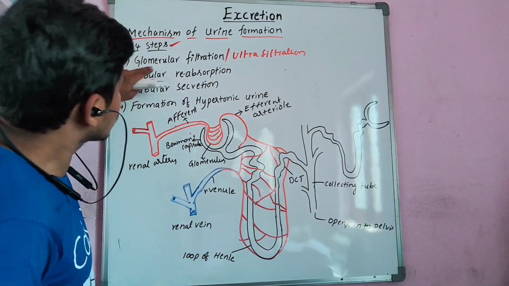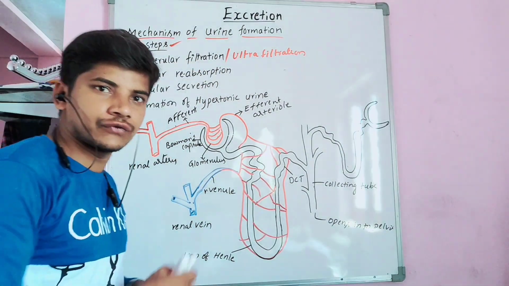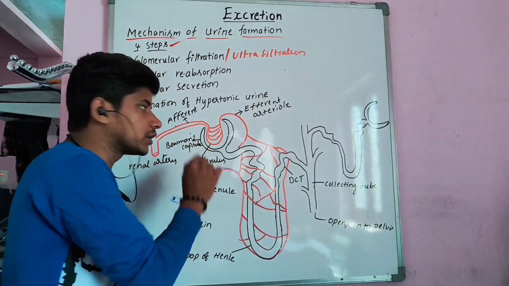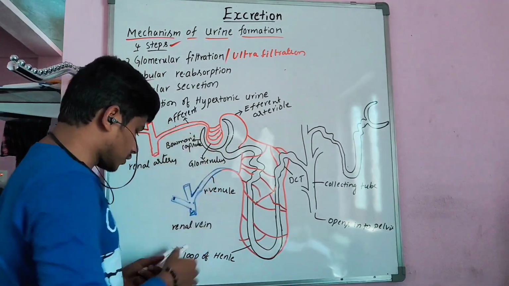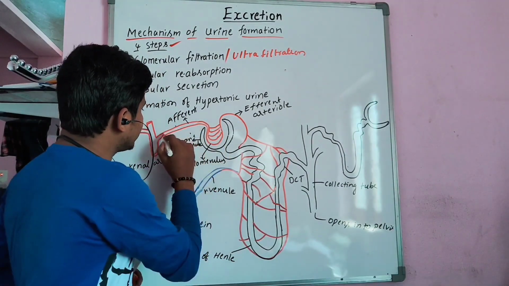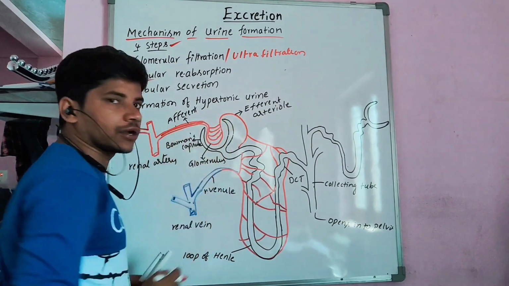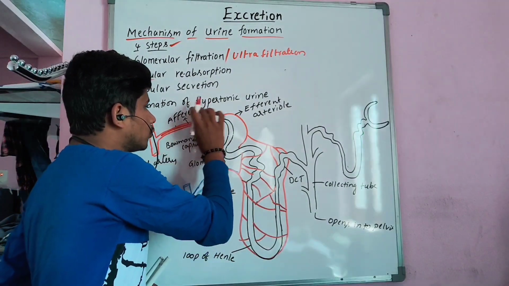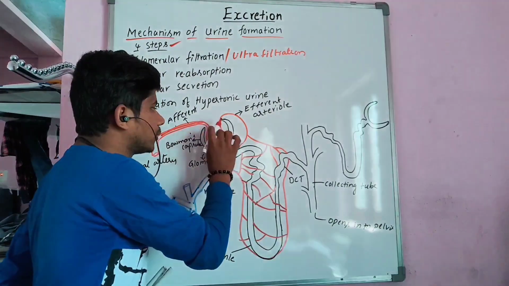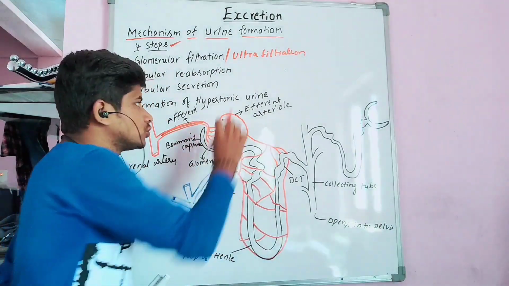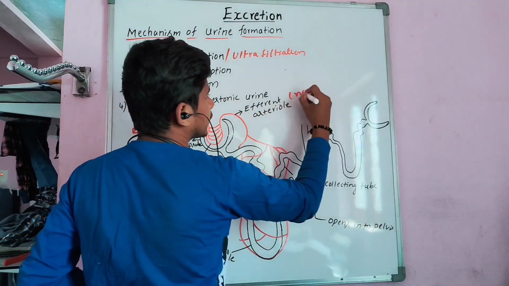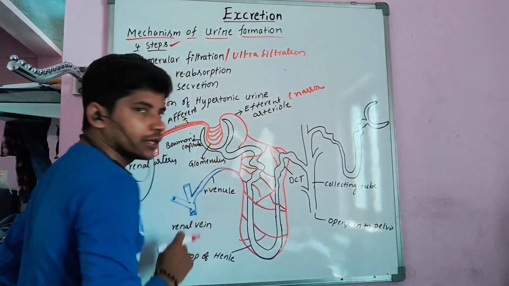First of all, glomerular filtration. Filtration means filtering something. Here, the blood is filtered at the glomerulus. If you observe, the afferent arteriole is wider than the efferent arteriole. That means when more volume of blood enters the glomerulus, it causes pressure due to what? Narrowness. The efferent arteriole is somewhat narrow when you compare it with the afferent arteriole.